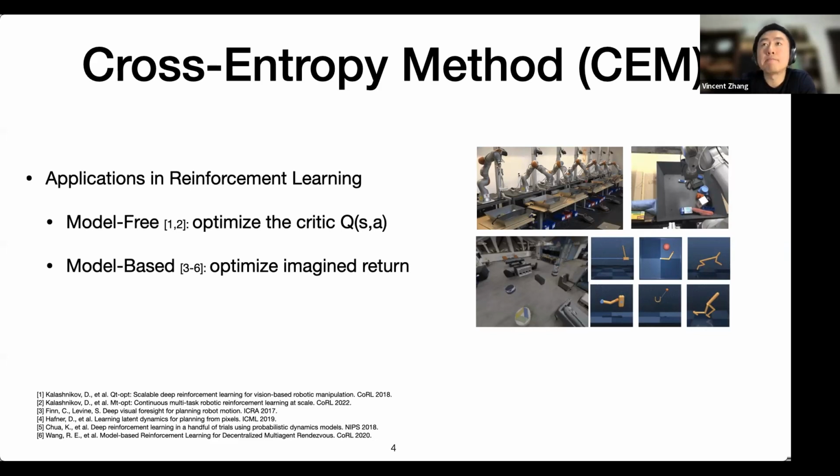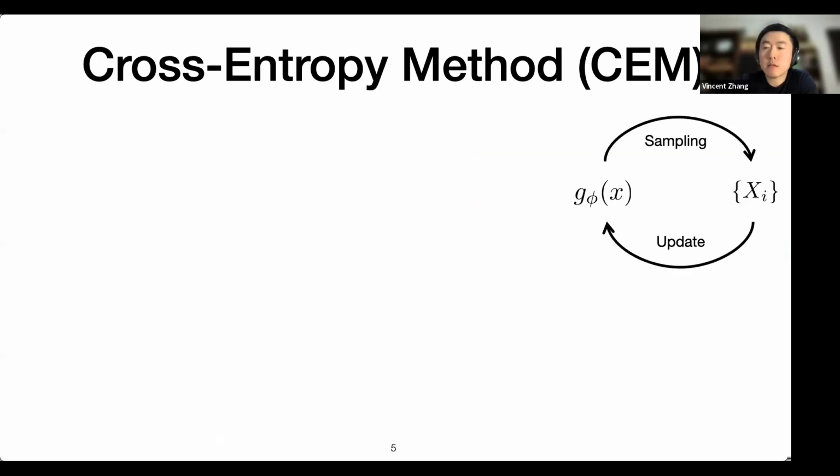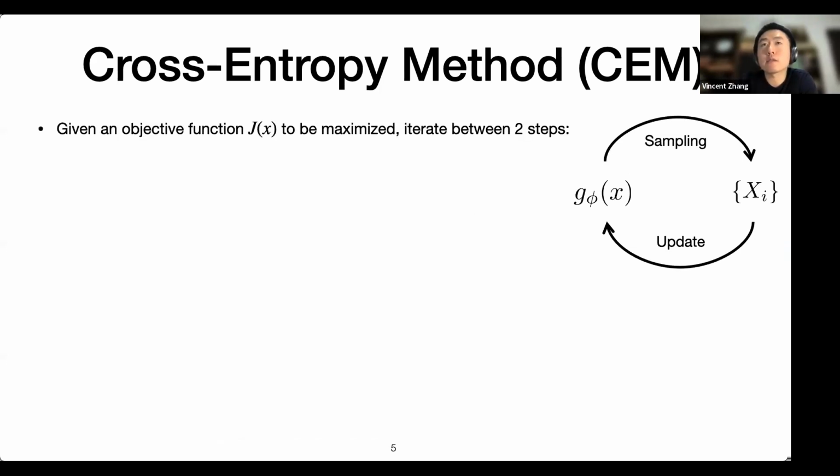So let's dive into the mechanism. Really, it's a simple mechanism that iterates between two main steps. Given some function that we try to maximize, we start from sampling.